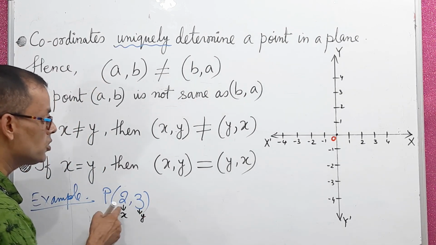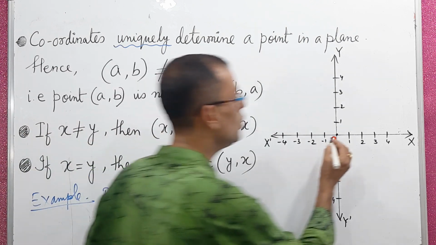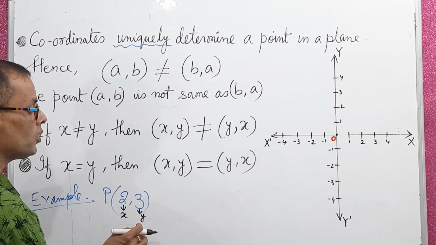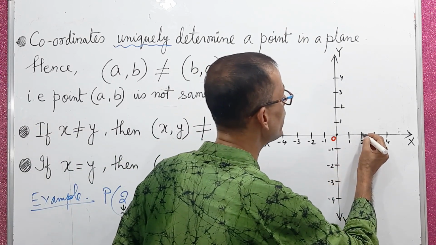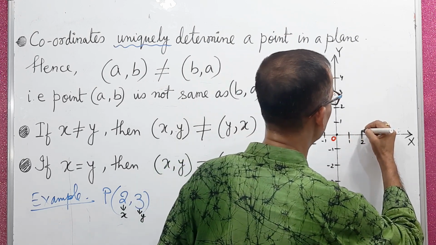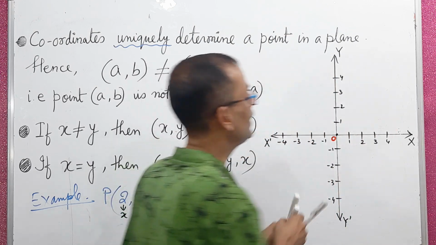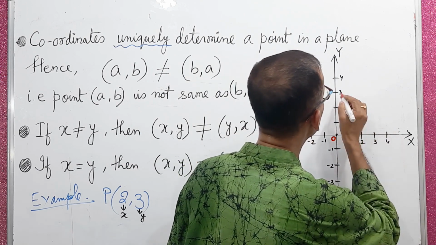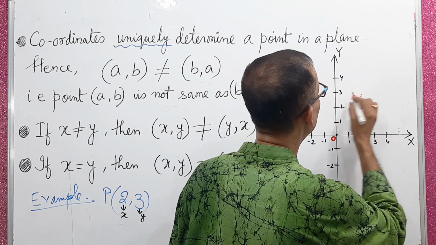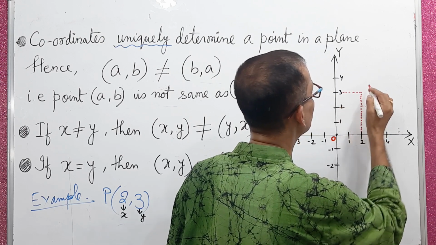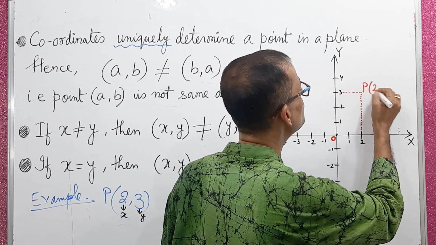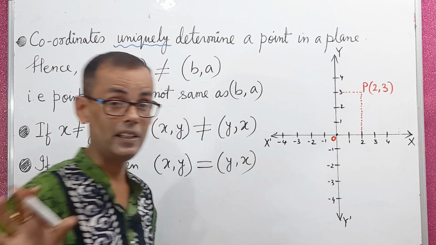So first 2, so I will go from here 1, 2, and then 3. 3 is the y coordinate, so 3 will go here 1, 2, 3. If you see nicely, if I take a red pen and draw, 2 and then 3, this point is coming P point, and this is (2, 3).